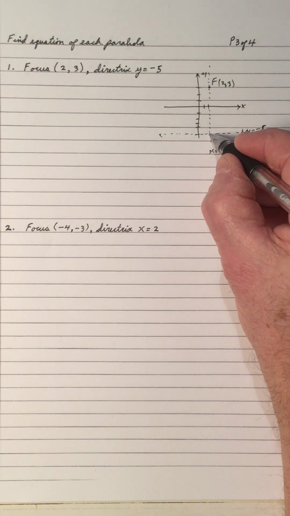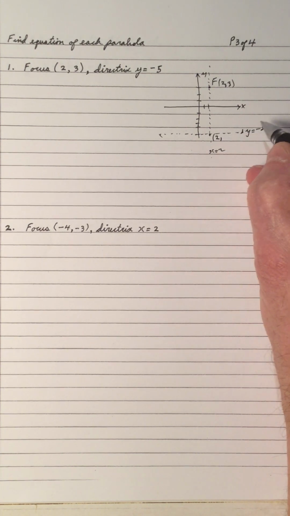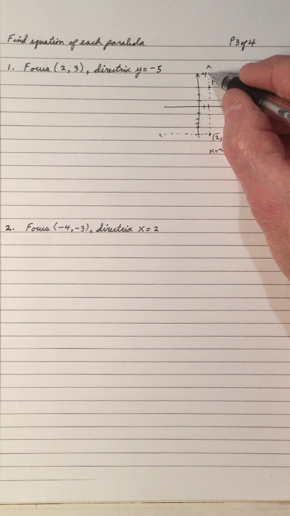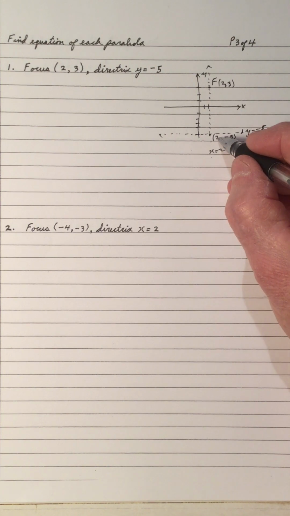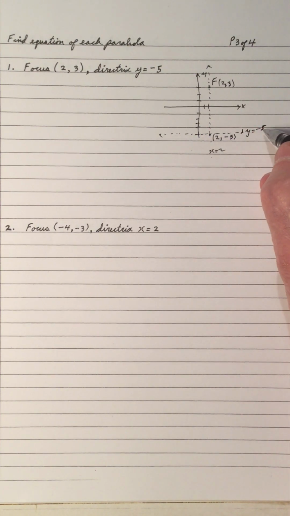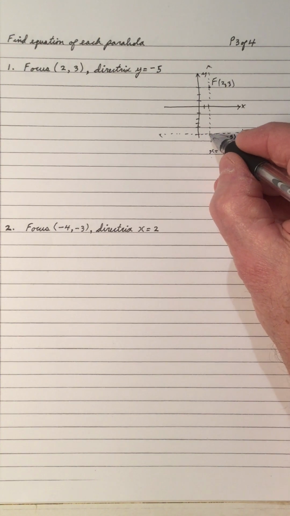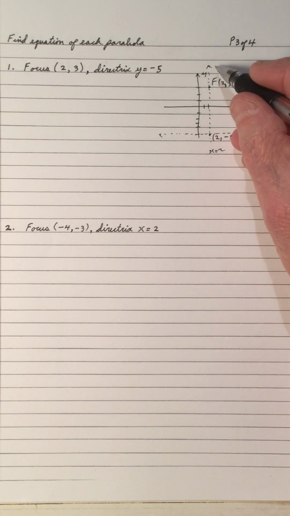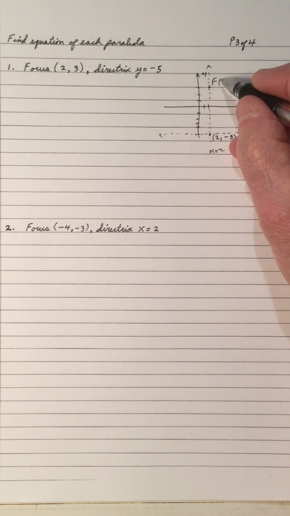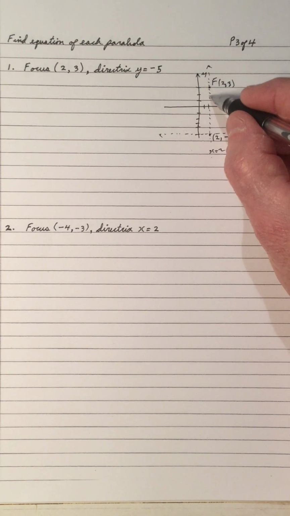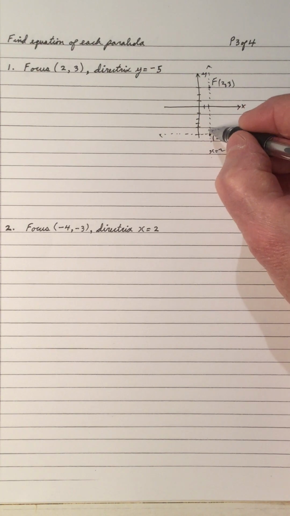So this point right here is 2, comma negative 5, because any point on this vertical line has the same x-coordinate. This is a horizontal line, so the intersection between x equals 2 and y equals negative 5 is this point right here. The vertex of the parabola is in between these two, somewhere up and down on the line x equals 2.